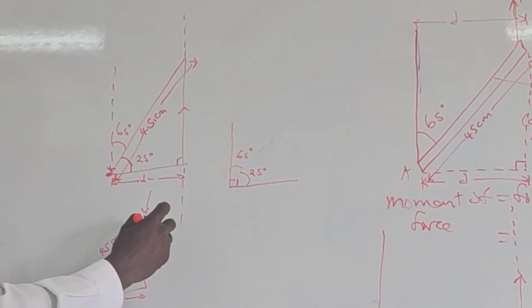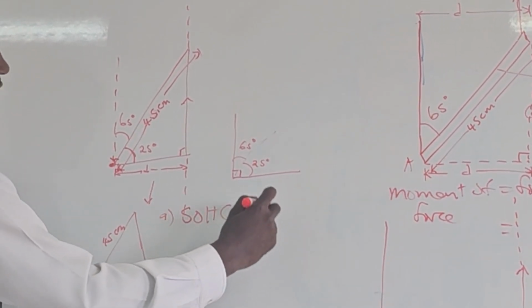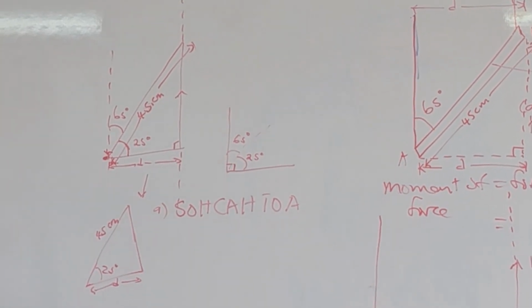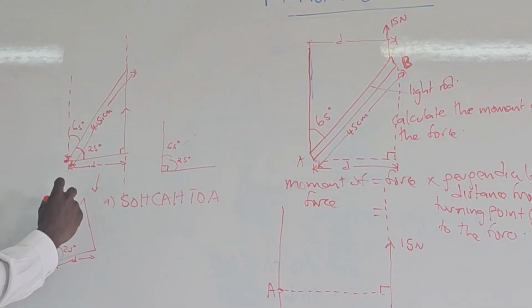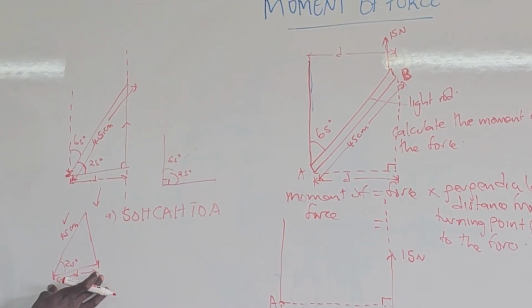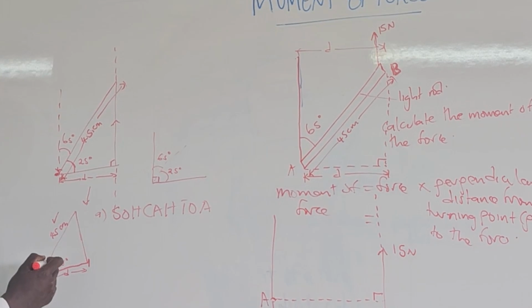We use a formula which is called SOHCAHTOA. This is for memory purposes. But what does that imply? If we have the hypotenuse and the adjacent. Why is this the adjacent? Because it is the side which is in contact with the angle.